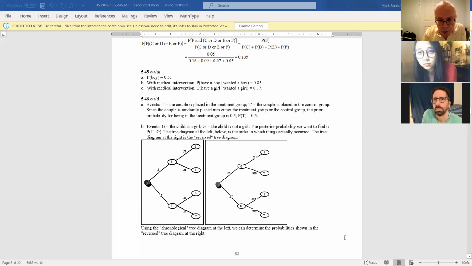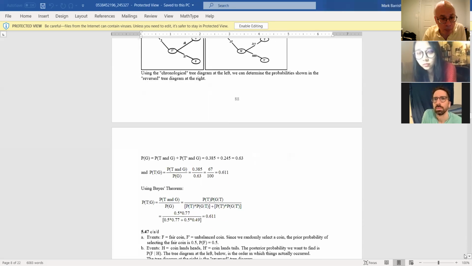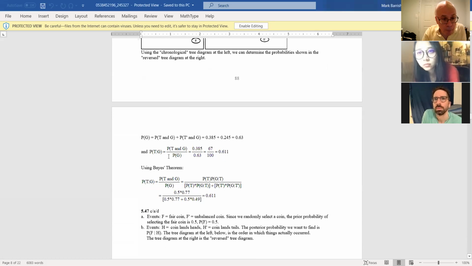They use this diagram here, but let's look at the formula that they use. The probability of T given G is the probability of T and G divided by the probability of G. Now they use Bayes' theorem down here, but they also thought, what's the probability that you have a treatment and the person's a girl?